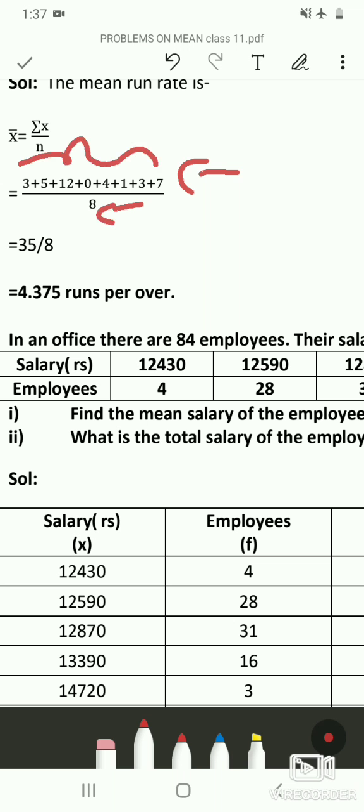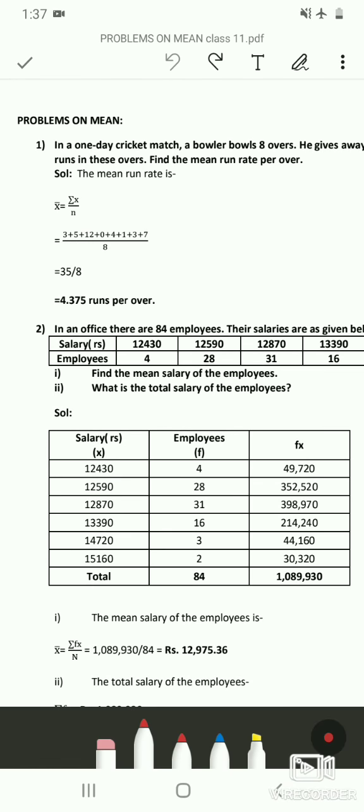So after adding this you will get it as 35 upon 8, which is nothing but 4.375 runs per over. Therefore, the mean run rate is 4.375 runs per over.